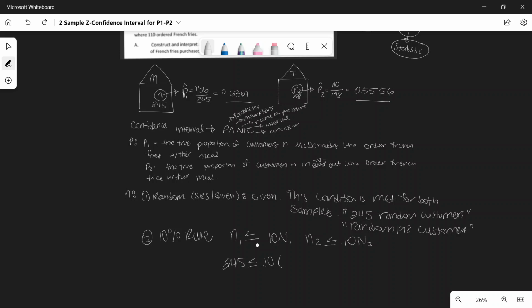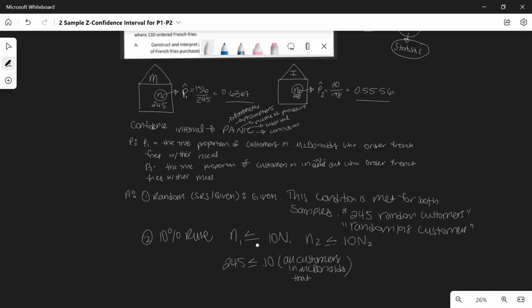We just write the population. So it's basically all customers who order a meal. Well, obviously customers are going to order a meal because they're customers. So all customers in McDonald's, in that specific McDonald's.